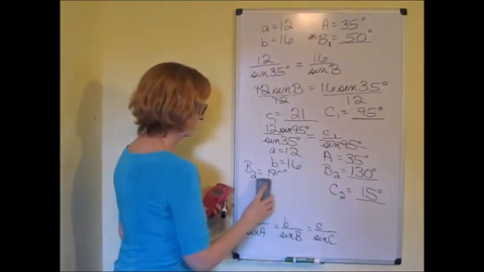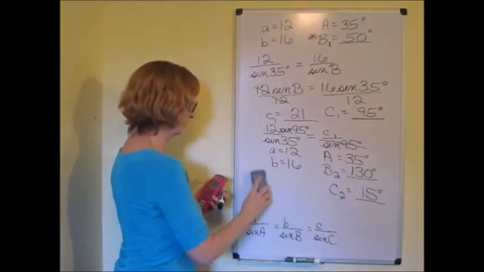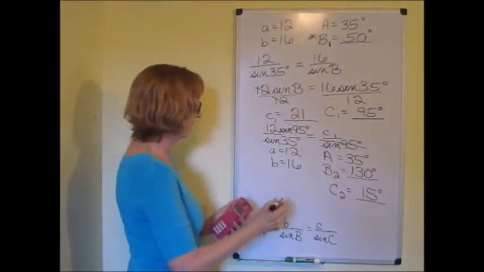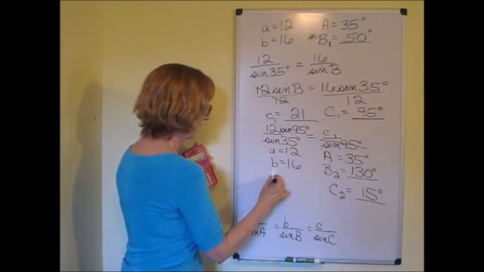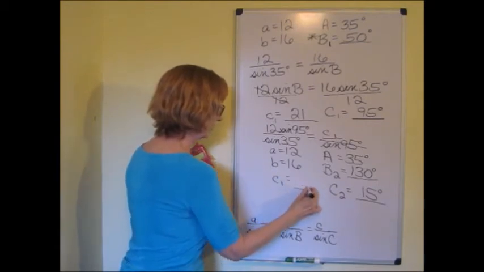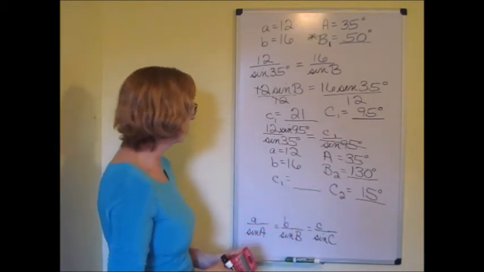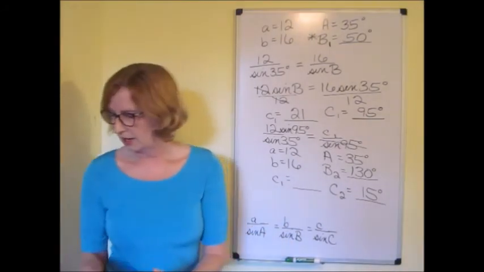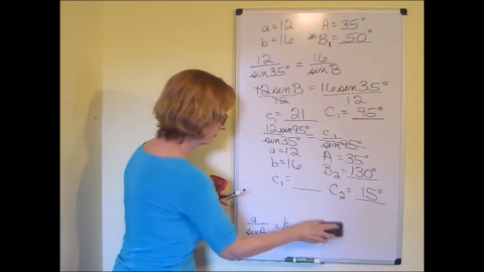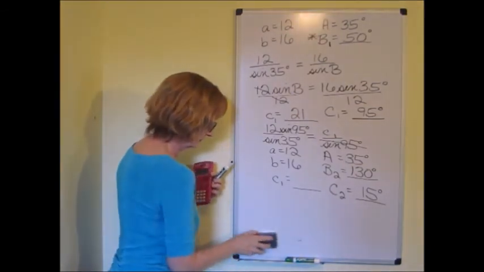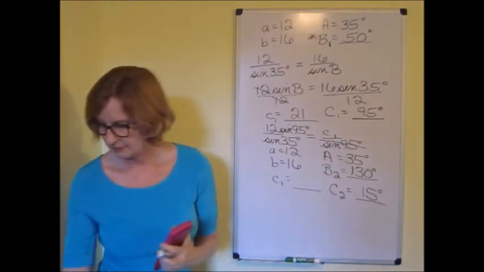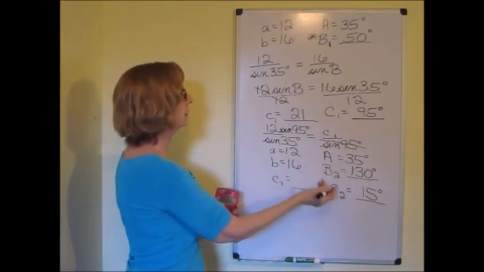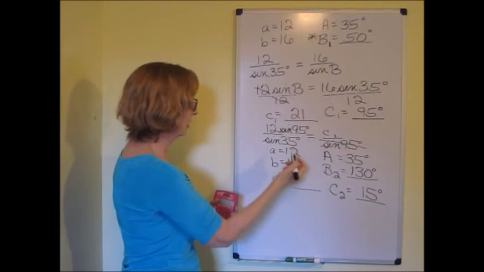We've got it. So the only thing I need to find now, one last part, is to find side C in the second triangle. I've already got the angles. And we'll use the law of sines again. So all I have is side C to find. Let's use that law of sines one last time and we'll get our side C. I'm using A over sine A again, just like I did in the first problems.